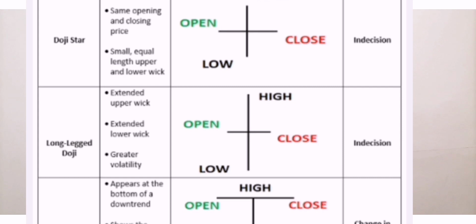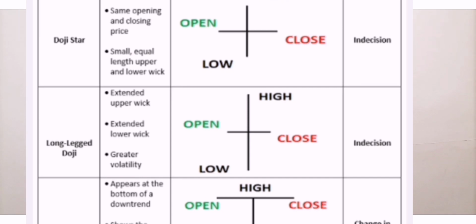As you can see, there is the doji star, which is characterized by the same opening and closing price, where there is no difference in what happened on that day, and small, equal length upper and lower wings, which means the high and the low are close.